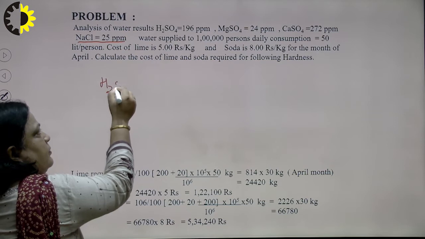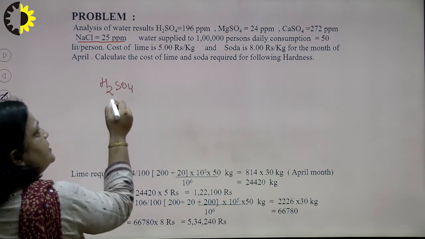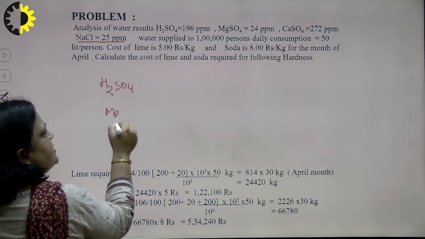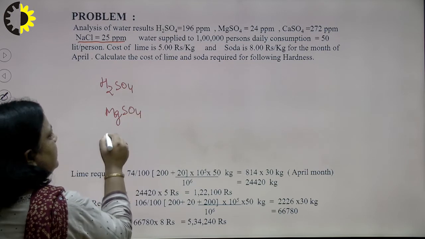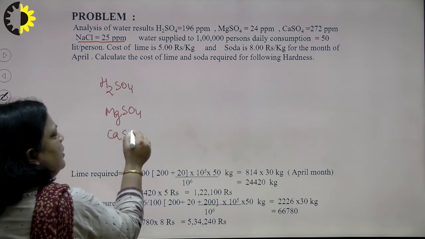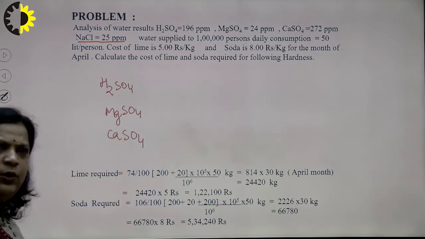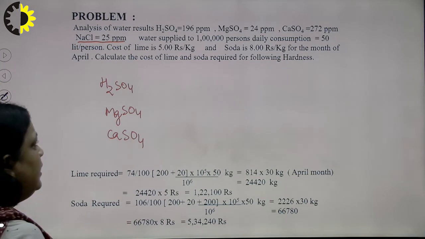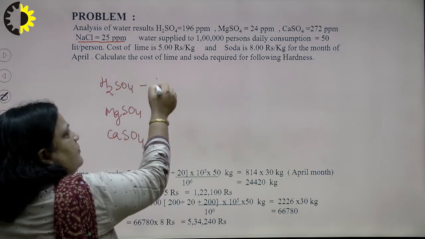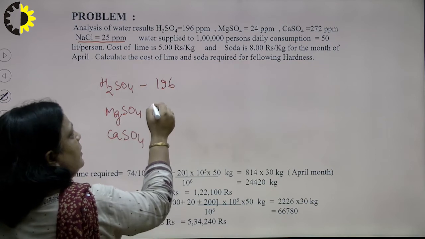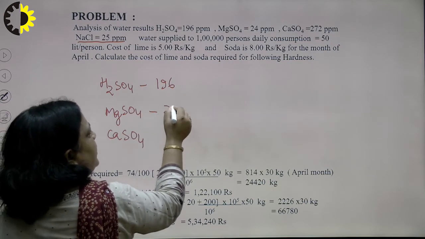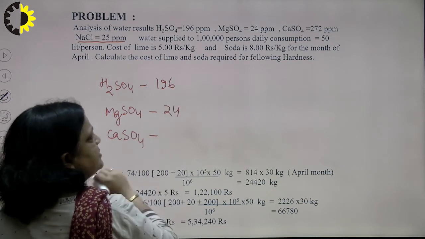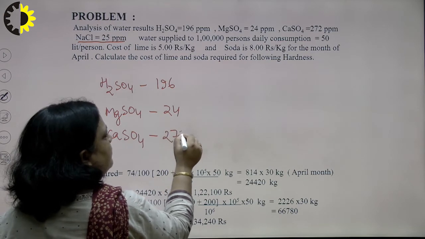First H2SO4, second MgSO4, third CaSO4 and NaCl no need to write. The concentration 196 ppm, MgSO4 24 and for calcium sulphate 272 ppm.